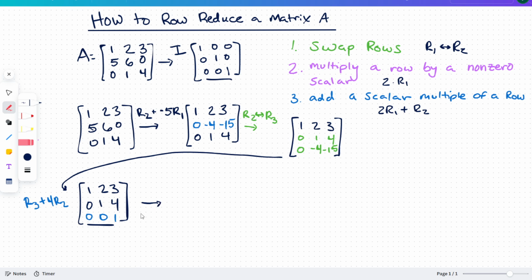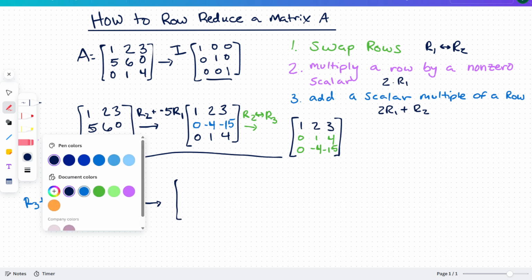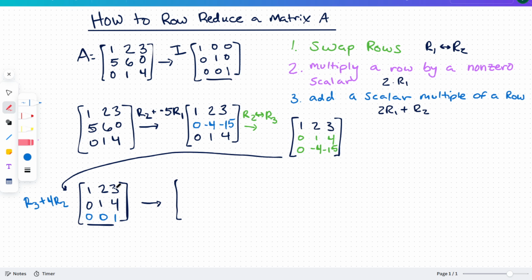So now what we're going to want to do is take a look at our top row. So looking at our top row, we can use row 2 to get rid of this 2. So we'll write down row 1 is the one that we want to change. And we want to get this to 0, so we're going to do 1 times negative 2 would make this 0. So we'll do R1 plus negative 2 R2.